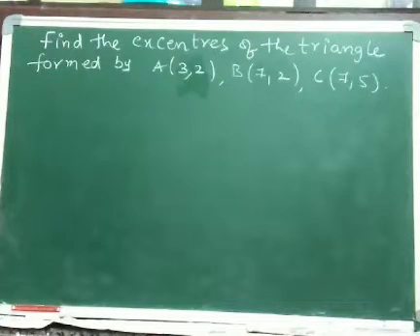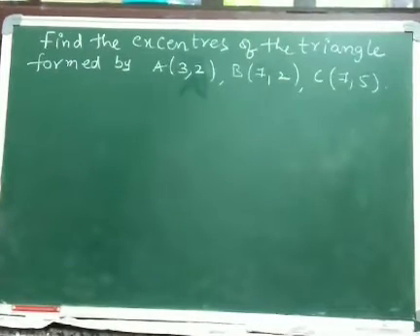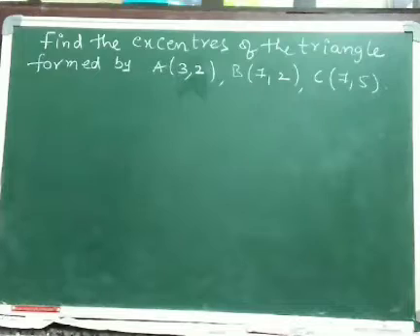So coming to the problem, find the excenters of the triangle formed by the points capital A (3, 2), capital B (7, 2), and capital C (7, 5).